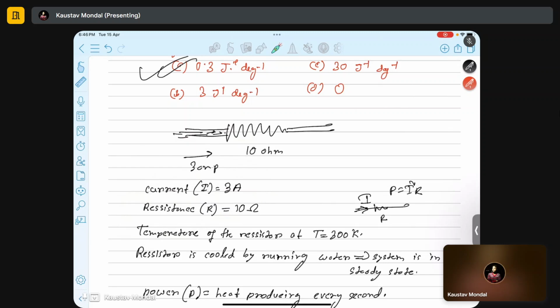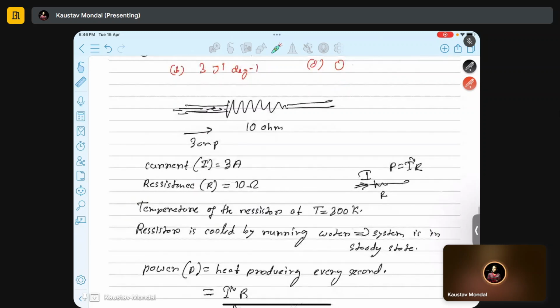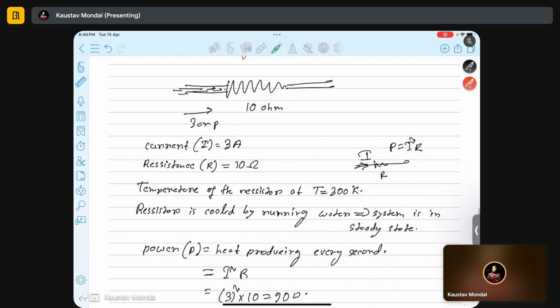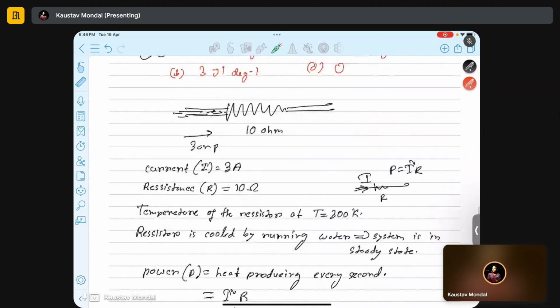So in order to overcome this resistance, it has to do some work. And from the first law of thermodynamics, whatever work these electrons do ends up as heat energy of the resistance. So basically the temperature of the resistance would be raised.